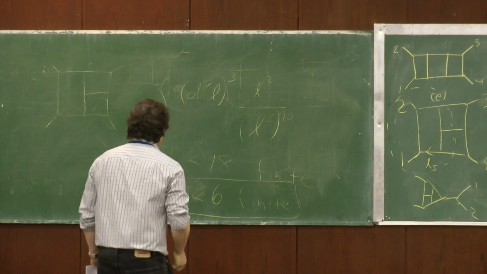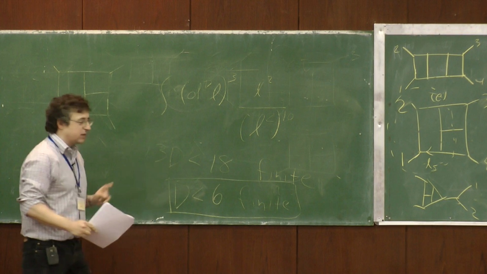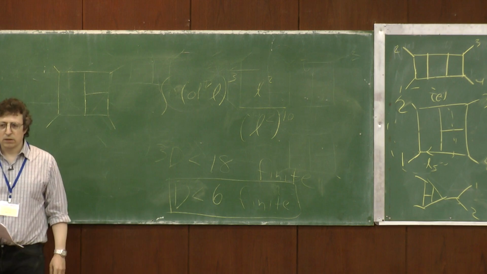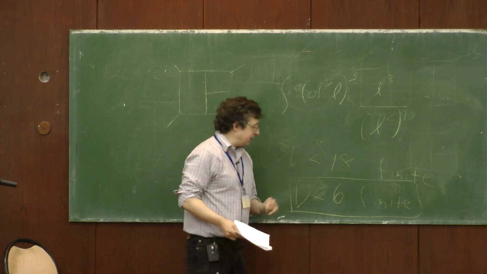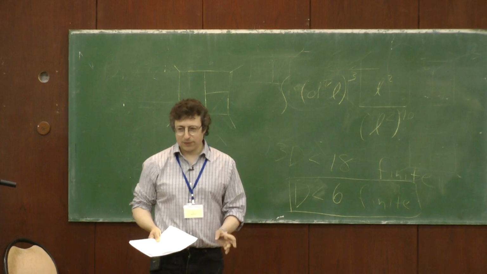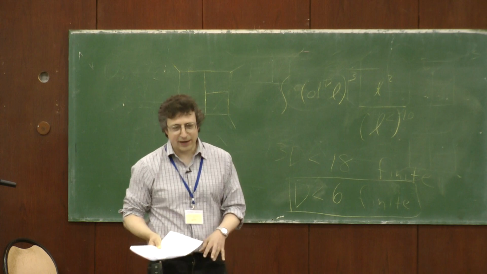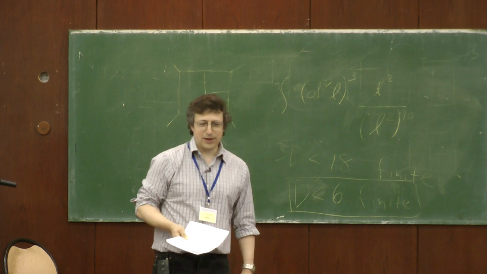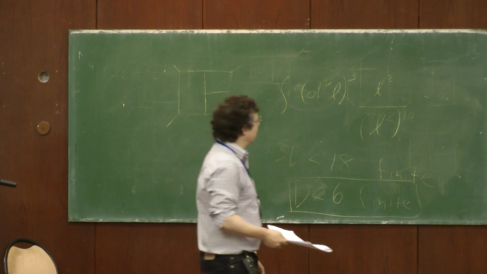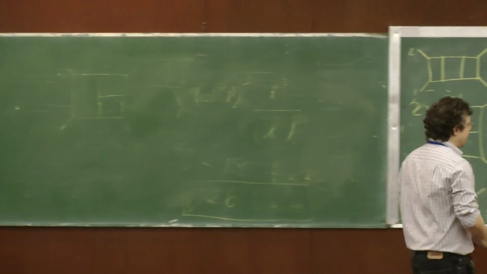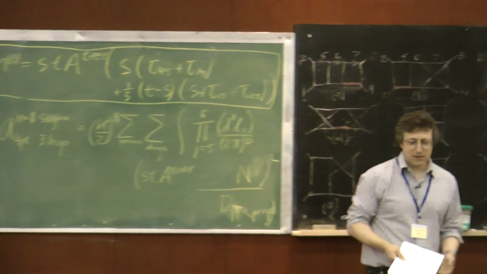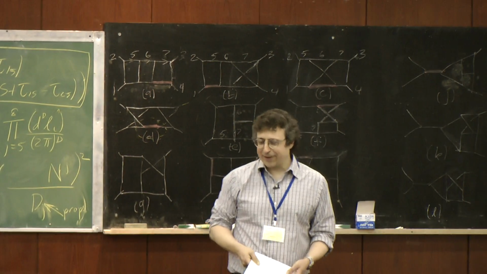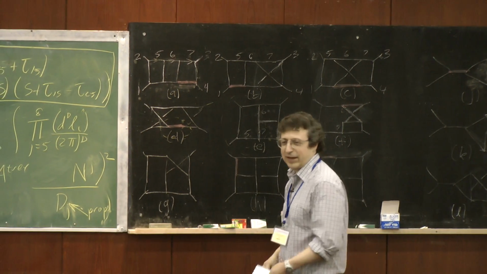Now, you can have another question. Is the bound saturated? If the bound was not saturated, there'd be something very peculiar happening, that n equals 8 supergravity would be more finite than n equals 4 super Yang-Mills. That would be pretty weird. But anyway, there's only one way to find out if the bound is saturated. It's like David Gross said, just shut up and calculate. So we calculate.